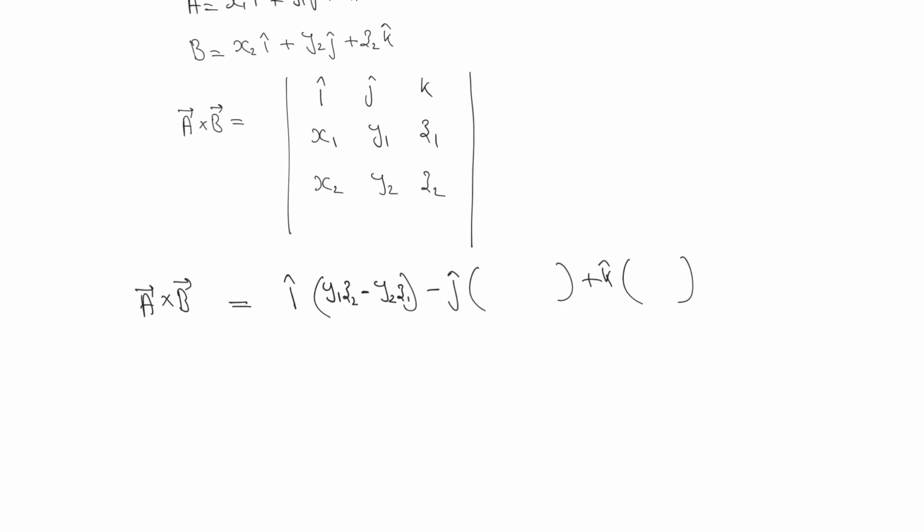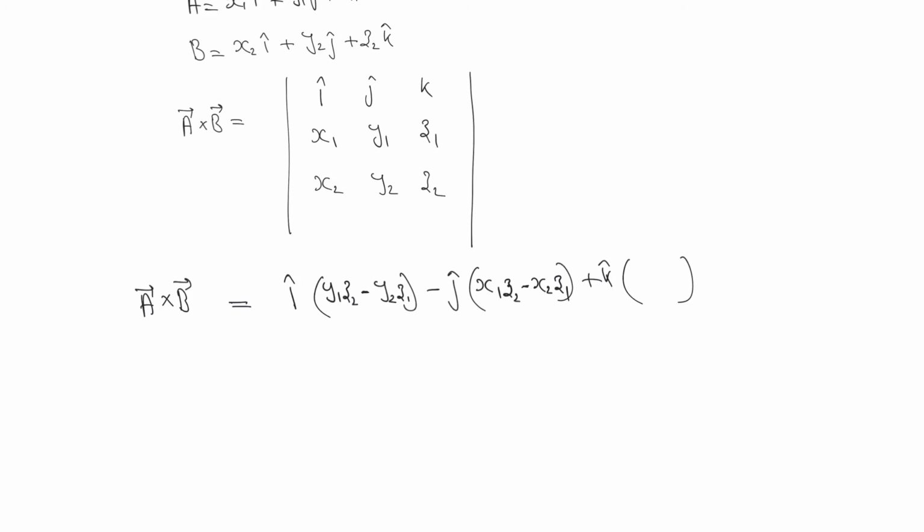Similarly, if you want to find the j component, we neglect this column and row, and we get the remaining four parts. First we go in this direction, x1 z2. So we can write minus j into x1 z2 minus x2 z1.